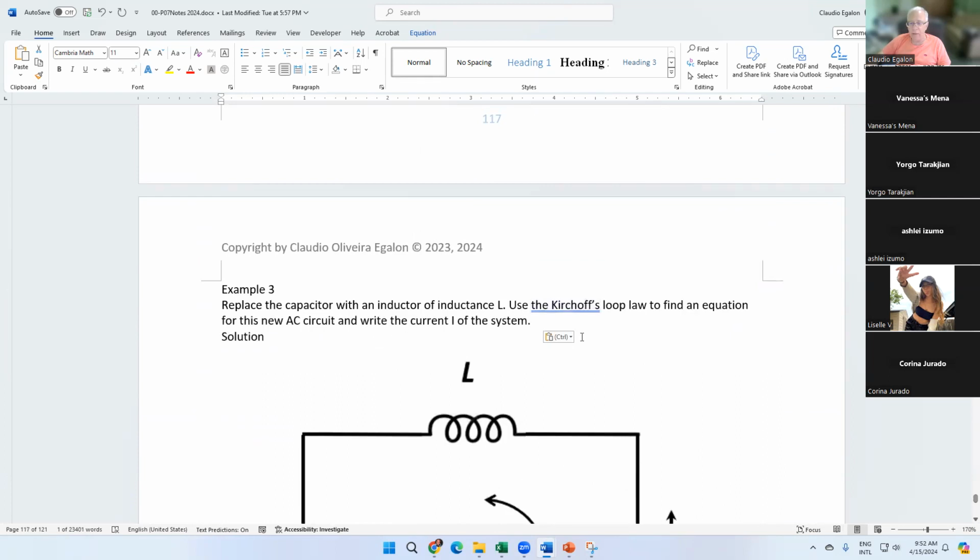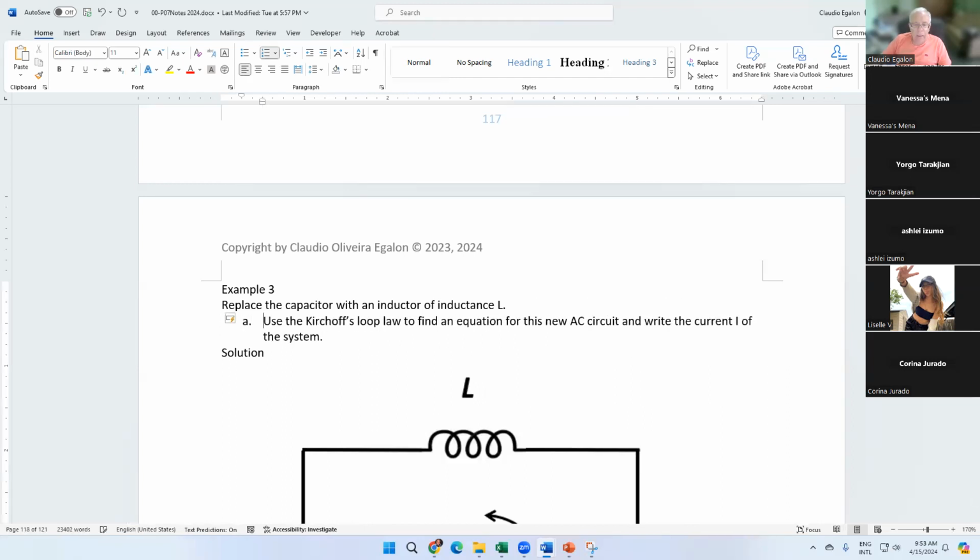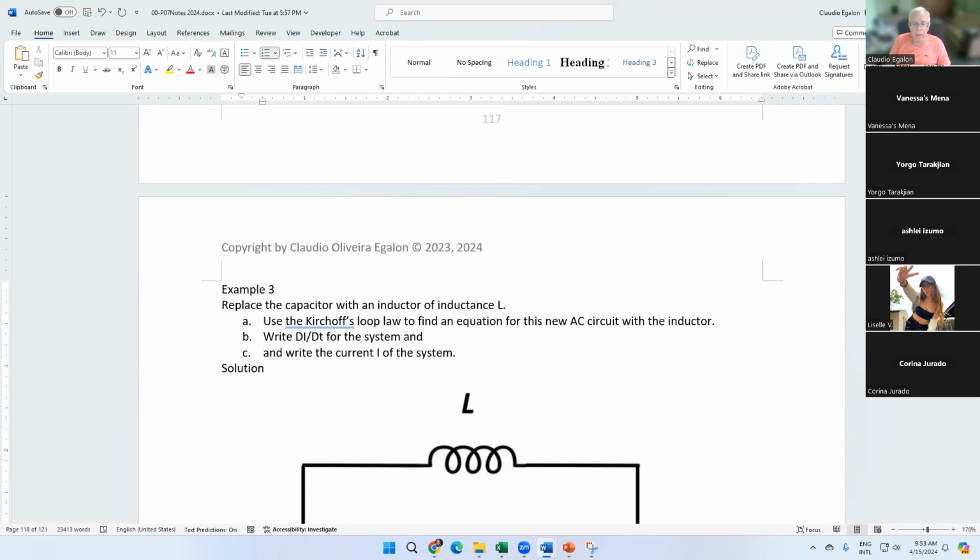Okay, let's add this term here. Replace the capacitor with an inductor. Use the Kirchhoff law to find an equation for this AC circuit. 1. A. Use Kirchhoff law to find an equation for the AC circuit with the inductor. B. Write delta I over delta T for the system. And C. Write the current I for the circuit.